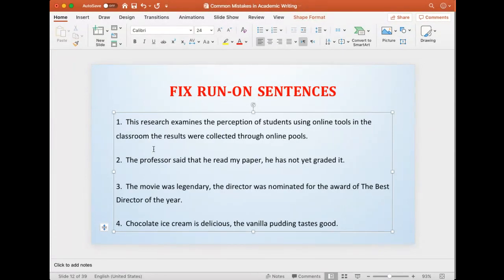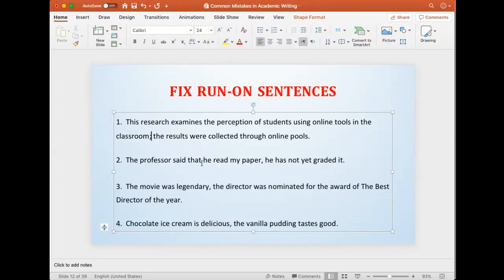All right. This looks much more meaningful. This research examines the perception of students using online tools in the classroom. So they are using the online tools inside the classroom. Okay. And the results of this research were collected through online polls.